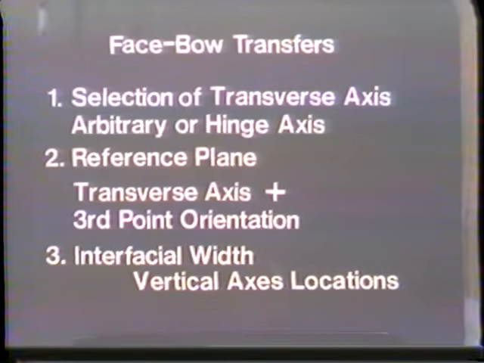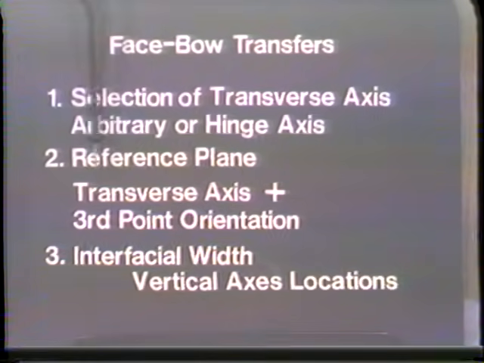The second way of doing it might be to use a reference plane, such as using the transverse axis or the horizontal axis and a third point anteriorly, usually somewhere in the region of the nose. The two then, the axis and the point, produce the reference plane to which a transfer is made.